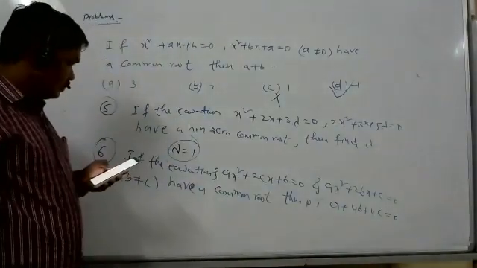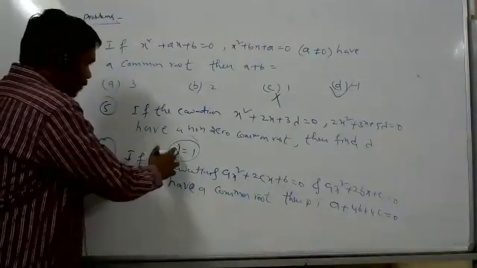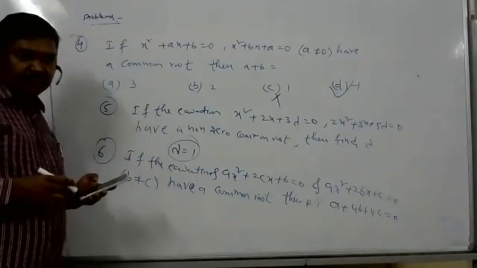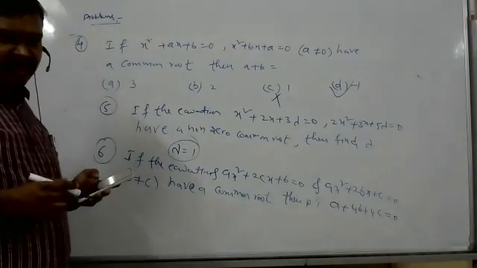So what is the answer of the fifth one? Lambda is equal to 1. I got -1/4.